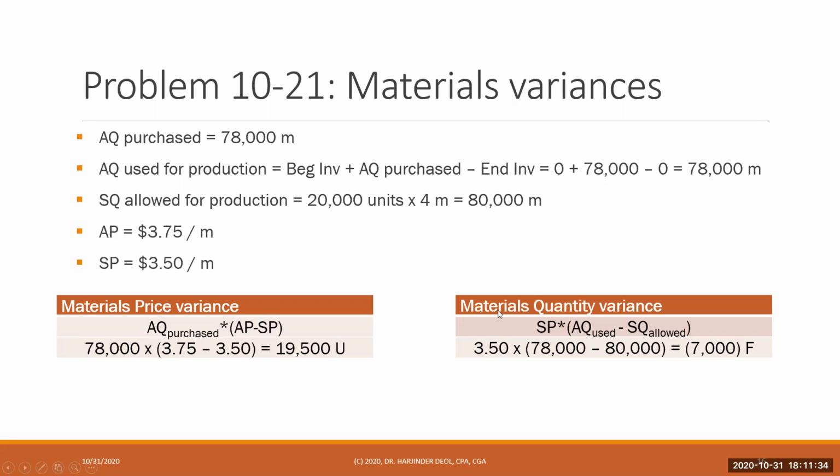So when we calculate the materials quantity variance, we have to keep in mind that we should only be looking at the difference between the actual quantity and the standard quantity, holding the standard price. Don't use actual price here, use the standard price. Why? Because the production manager is not responsible for the prices paid for the material. That was the responsibility of the purchasing manager.